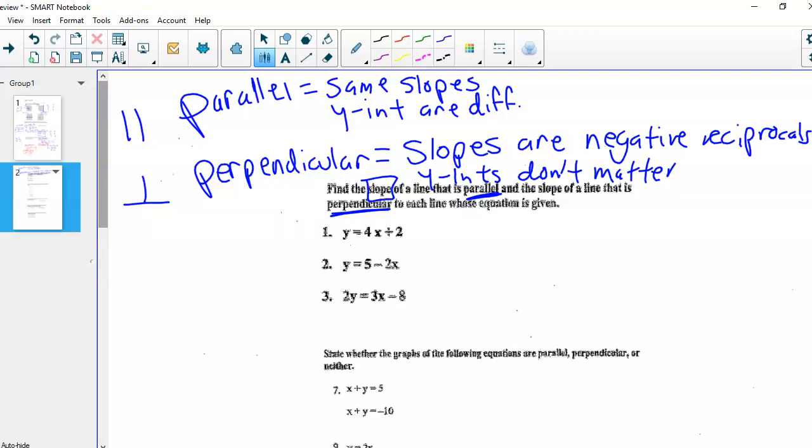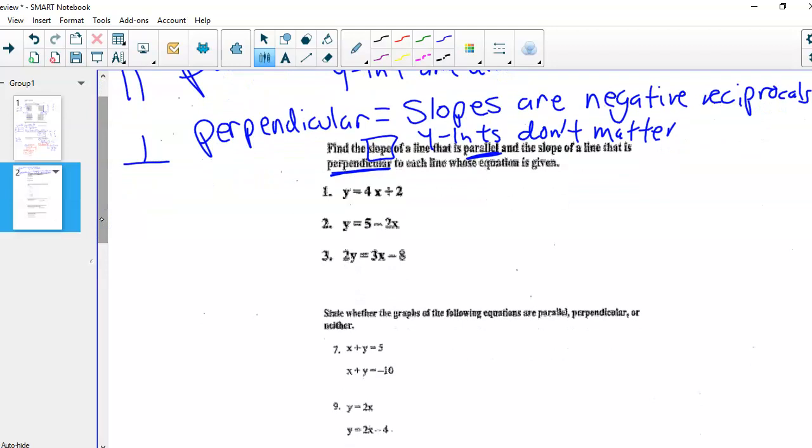So if you're given these type of questions where you need to find the slope, if it's in slope-intercept form, you could find your slope, no problem. If it's not in slope-intercept form or it's close, be careful that you're looking at the slope, not the y-intercept. But if it's not in slope-intercept form at all, you need to solve first.